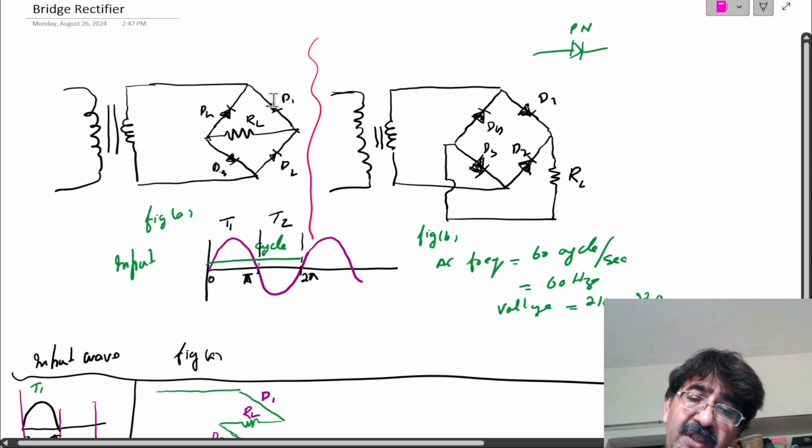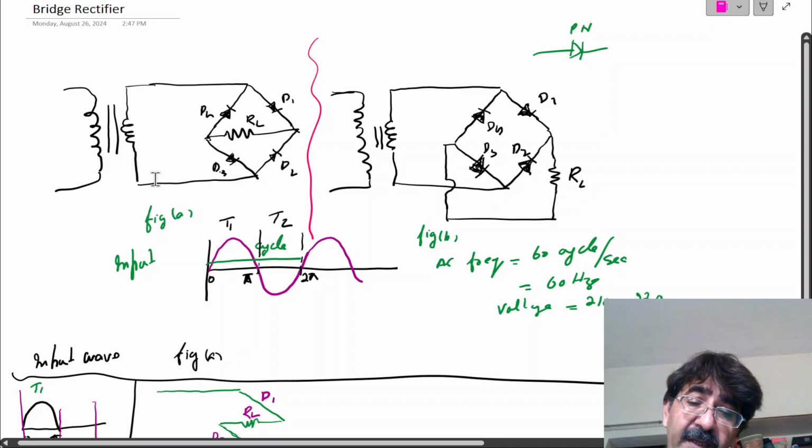Firstly it will pass through D4, and then the load resistance, and then it will pass through D2, and in this way the circuit will be completed.